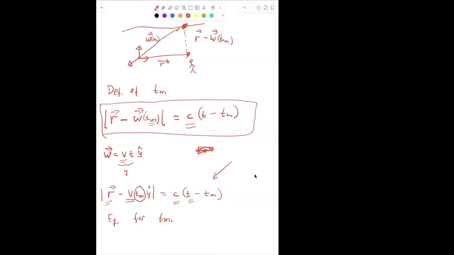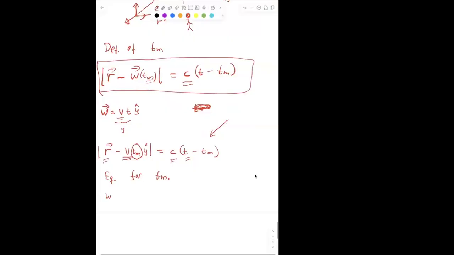Once I know Tm, I can find W(Tm). In this case, it will be V Tm y. So first you find Tm, then you know what is W(Tm), which is the position of the particle at this previous time. And this position is influencing our point where we look at space exactly at time t.